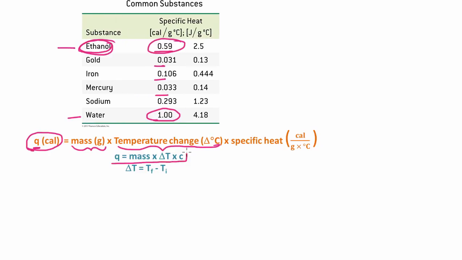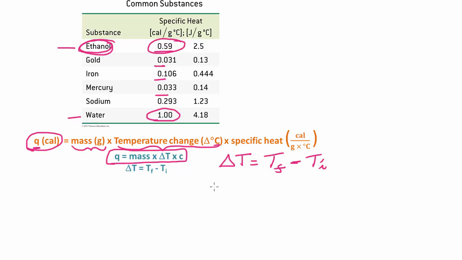Another way to represent that equation is this: Q is equal to the mass times delta T times C. Now, anytime you see that delta symbol, it means a change. The temperature change is equal to the final temperature minus the initial temperature.